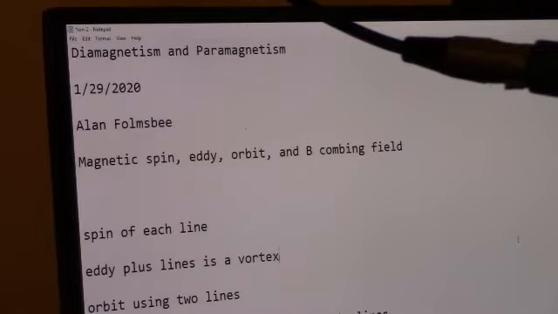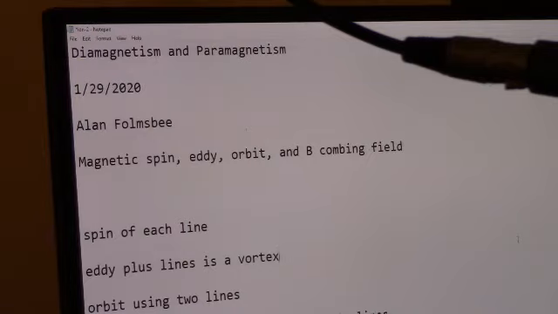And diamagnetism does not depend on temperature, but paramagnetism is more dependent on temperature and gets weaker at higher temperatures. Diamagnetism is really unaffected even near absolute zero, like gravity. If you go down to 1 degree Kelvin, gravity is the same, very weak.